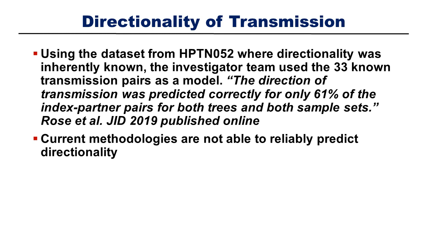And importantly, what they found is published in this article by Rose et al. in JID in 2019, is directionality was predicted correctly for only 61% of the index pairs for both trees and sample sets. So current methodologies are not able to reliably predict directionality.